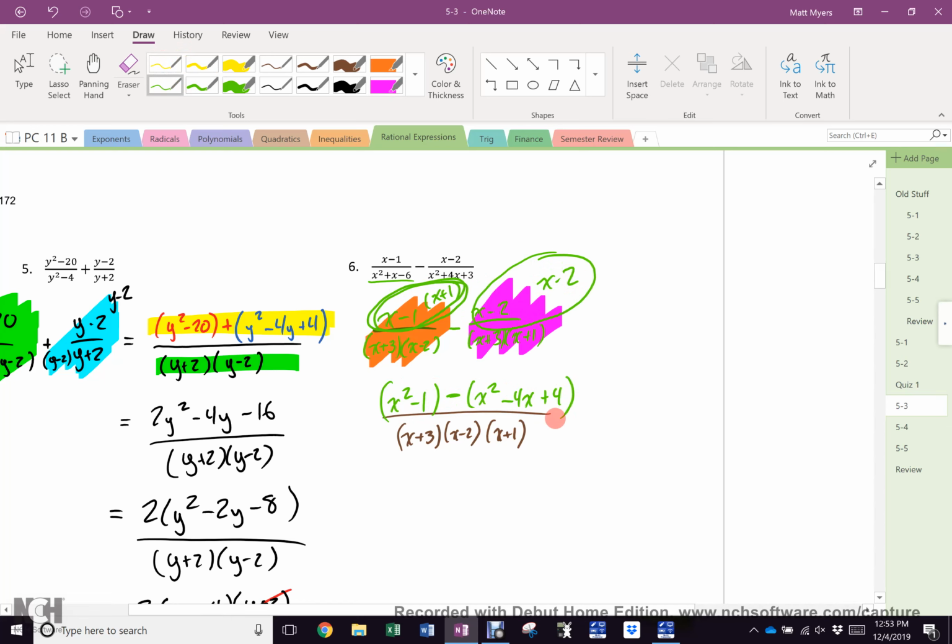Yeah? What should I do there? What is x squared minus x squared? Gone. What's negative 4x? Positive 4x. What's negative 1 minus 4?